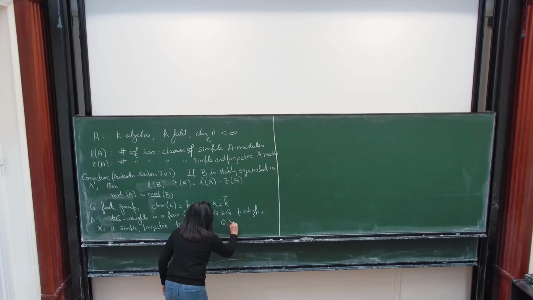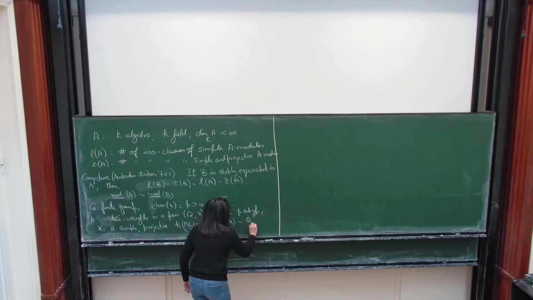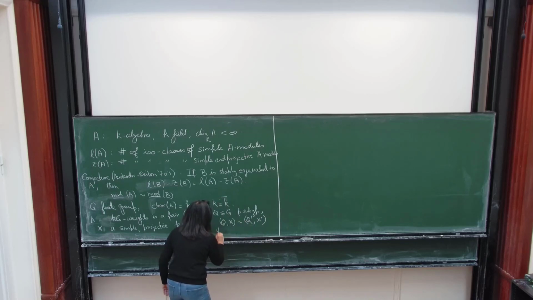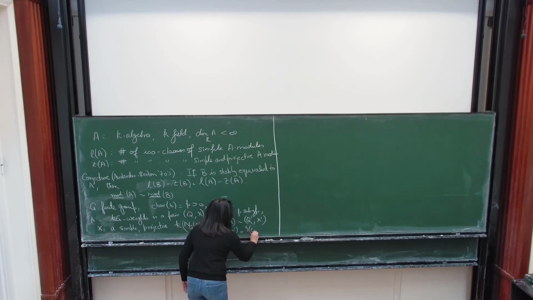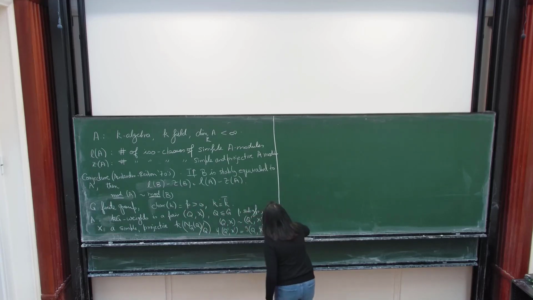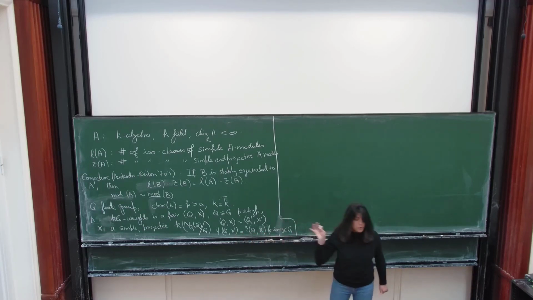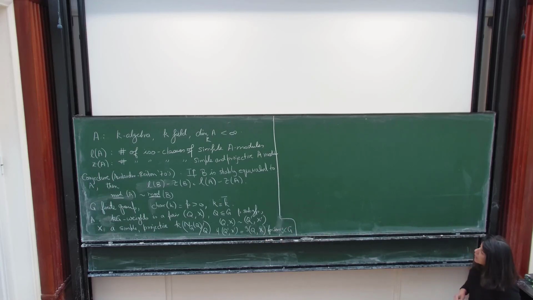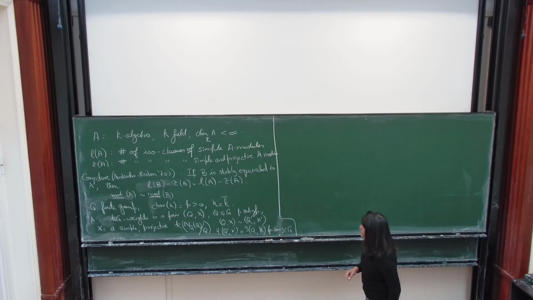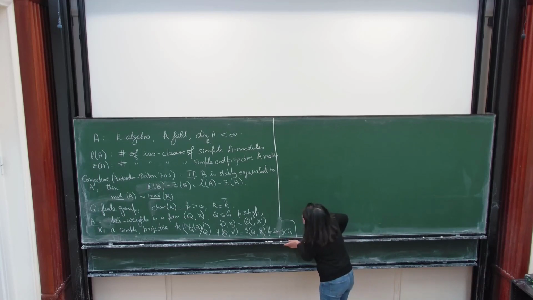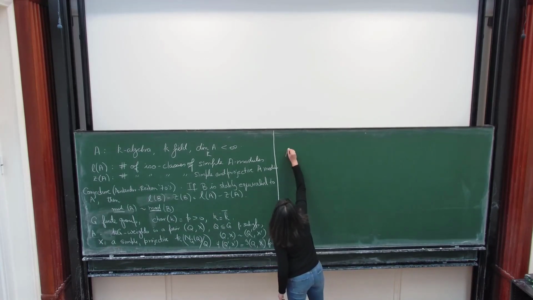We'll say (Q, X) is the same as (Q', X') if (Q', X') can be obtained by transport of structure from (Q, X) for some g belonging to G. And here, when I say X' is g of X, I mean up to isomorphism. Okay, so here's the background conjecture. This is Alperin's weight conjecture.